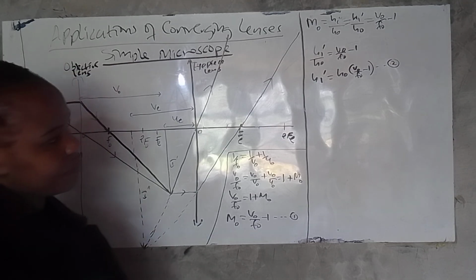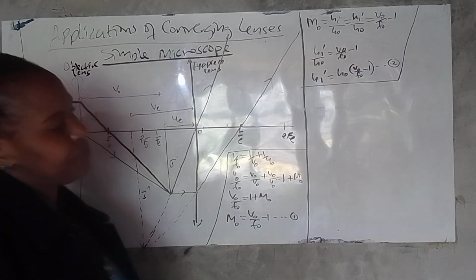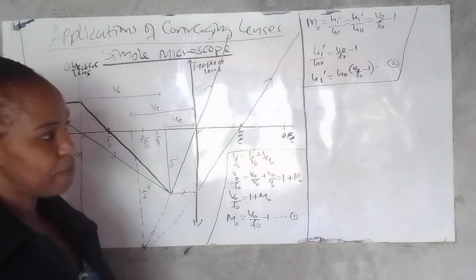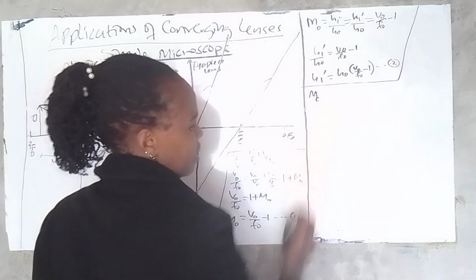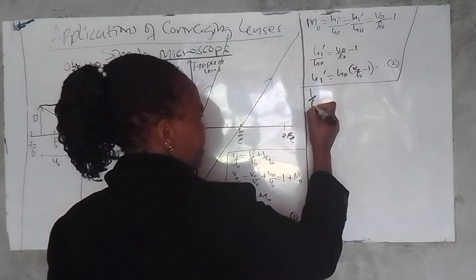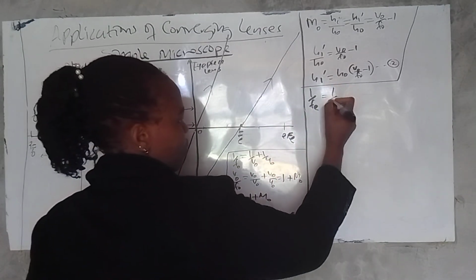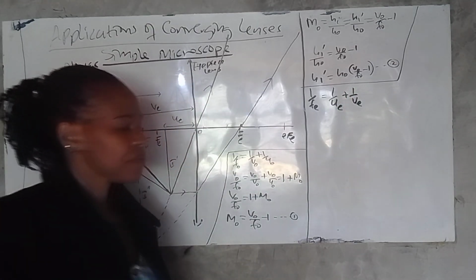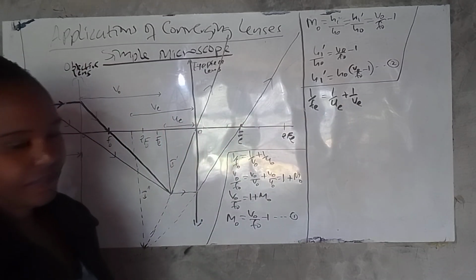So let's continue. Let's say we want to calculate magnification due to the second lens, the eyepiece. Now, magnification due to eyepiece, we need to do the same thing we did here. 1 over f of eyepiece, that is focal length of the eyepiece, equals 1 over UE plus 1 over VE, meaning object distance of the eyepiece and image distance of the eyepiece.